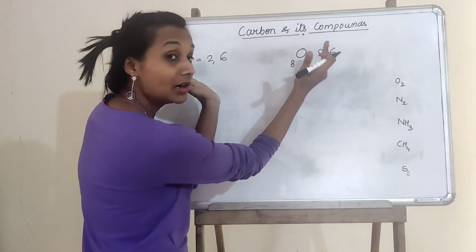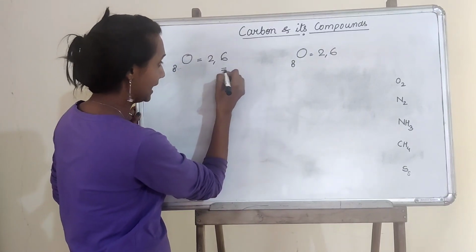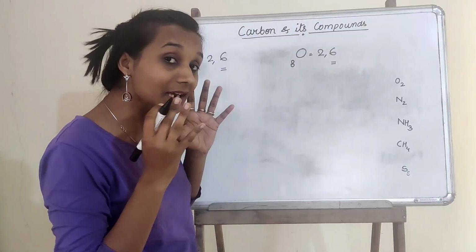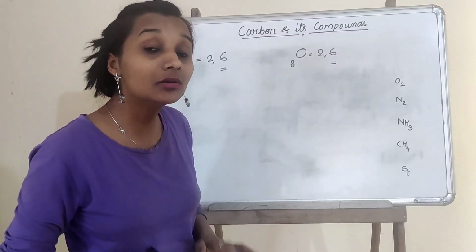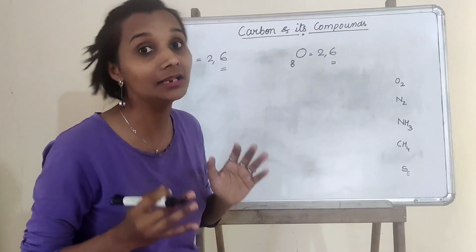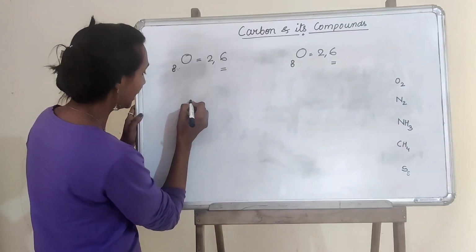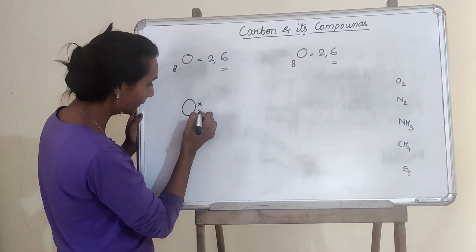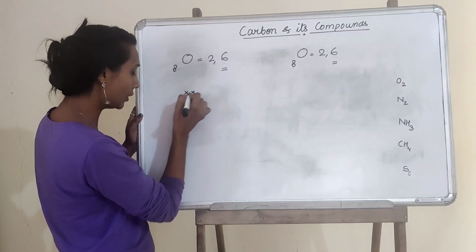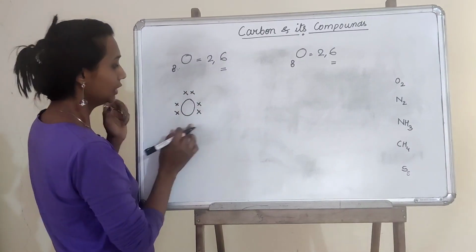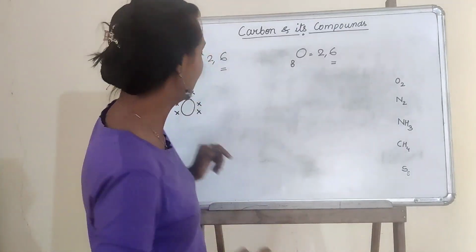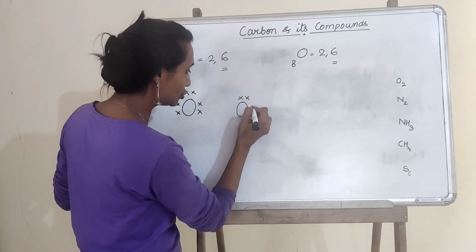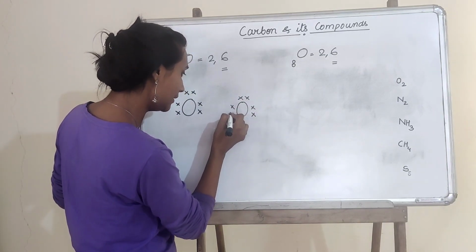Now these oxygen atoms have 6 electrons in the outermost shell. As I told you, only the outermost shell will take part in bonding. So I am drawing here these 6 electrons: 1, 2, 3, 4, 5, 6. So these are the electrons of one oxygen atom. Now the other oxygen atom I am drawing here having 1, 2, 3, 4, 5, 6.